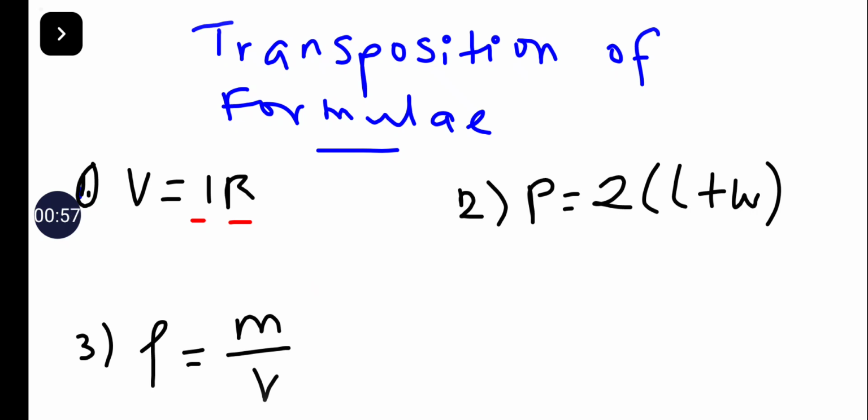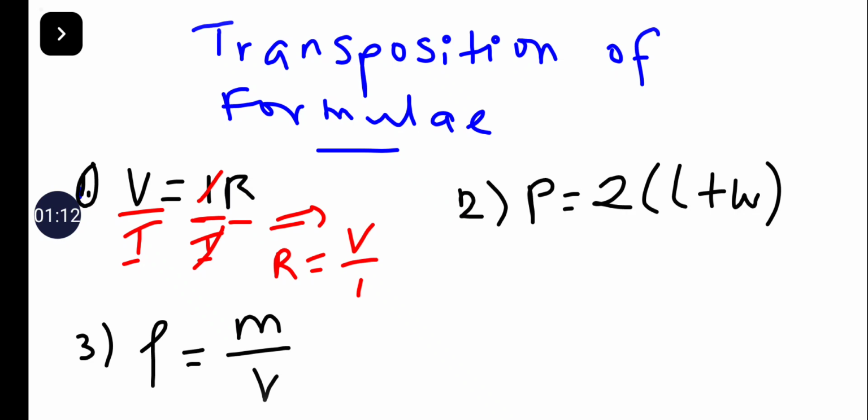So I'll divide here by I and I'll divide here by I. When I do that, I do it on both sides. I will cancel here. We now have R is equal to V over I. I've made R the subject.